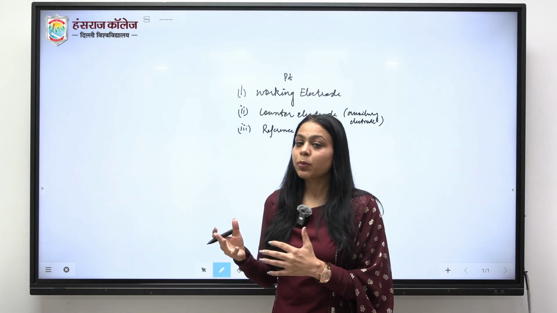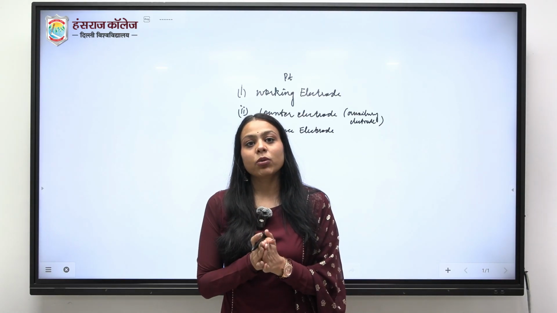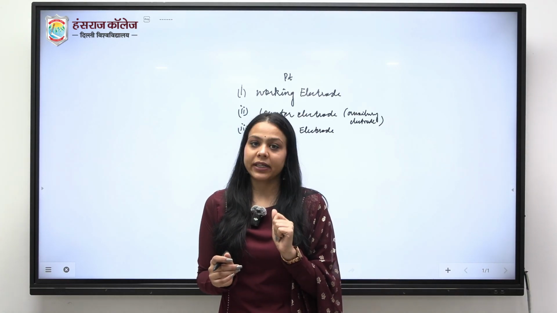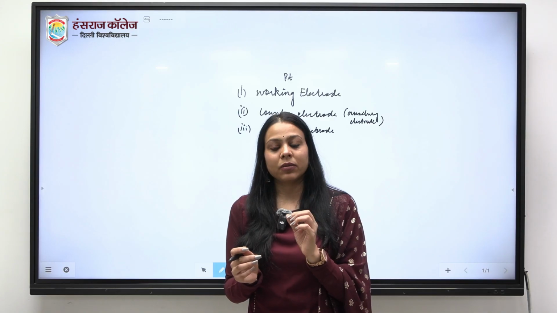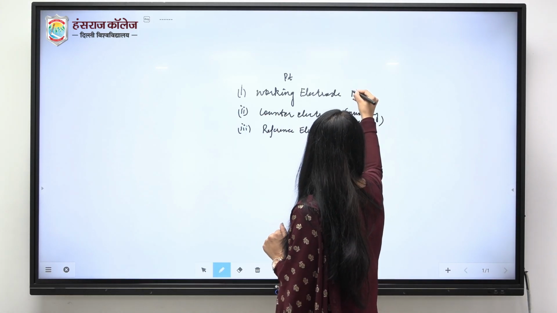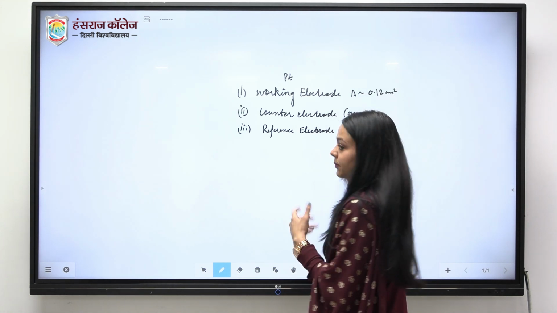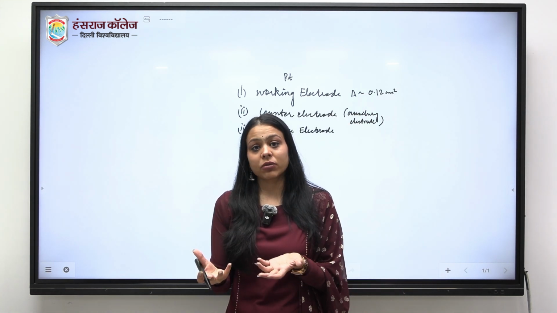Then what is the difference between working and counter electrode? Let's say you are choosing a platinum metal electrode, a very thin wire electrode. Let's say the area of your working electrode is around 0.12 centimeter square. Then how to choose your counter electrode?